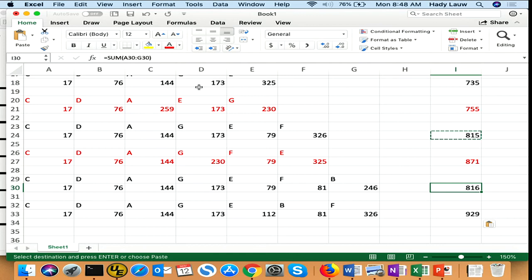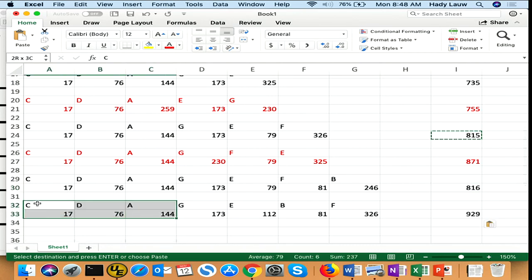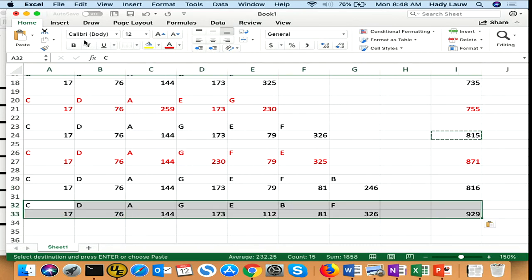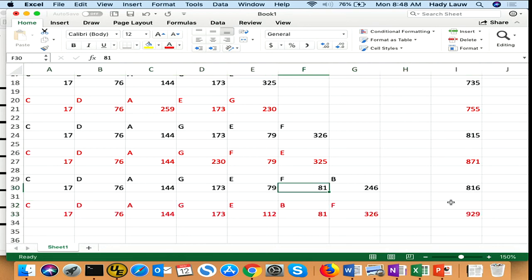And then F to B, 81. And then finally B to C, 246. Right, so then we drop the second one and we keep that one. So in this case, the answer is 816 for C, D, A, G, E, F, B.